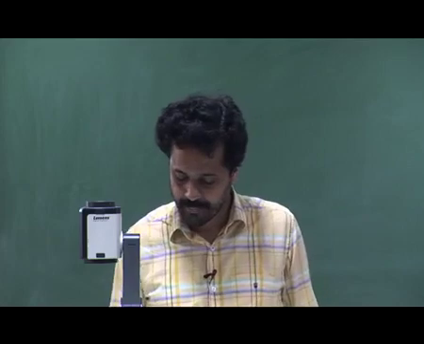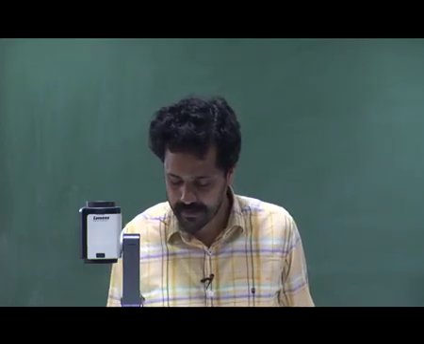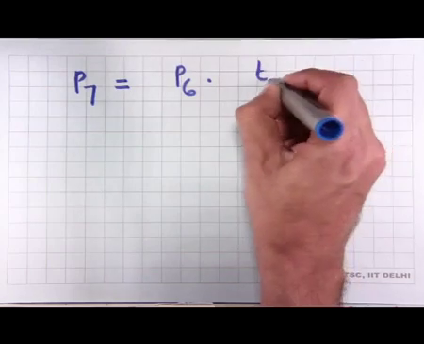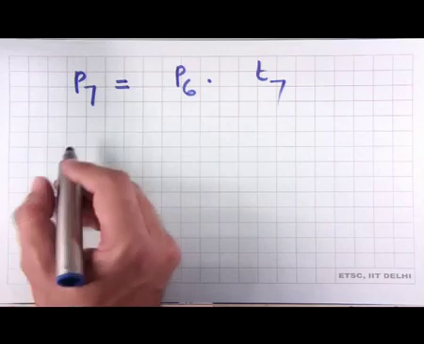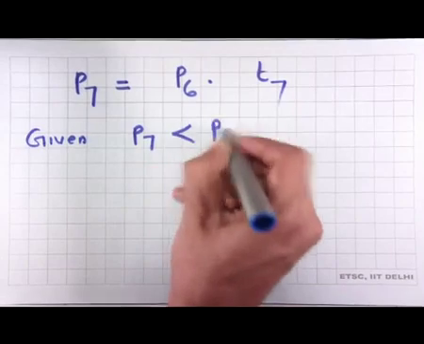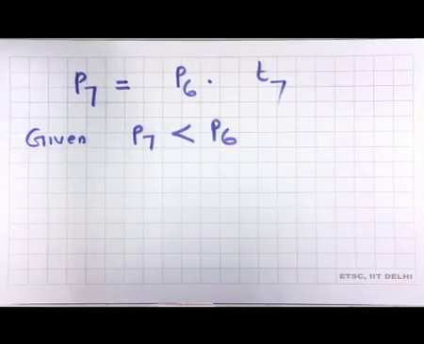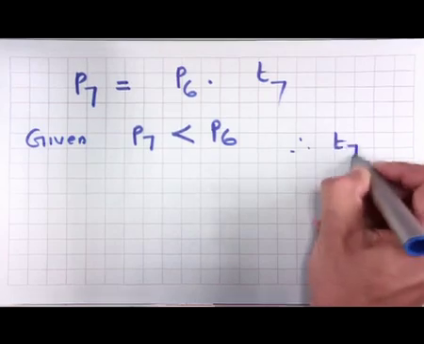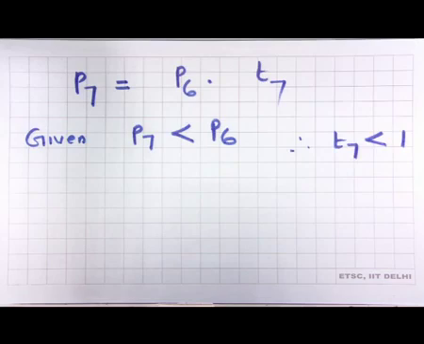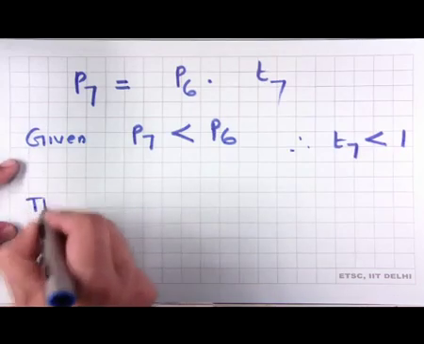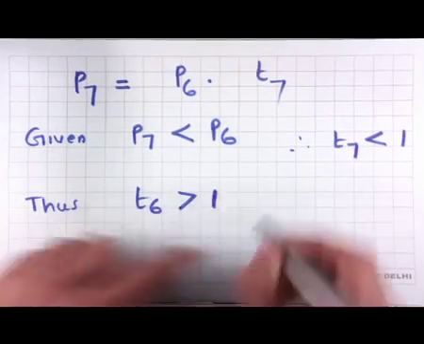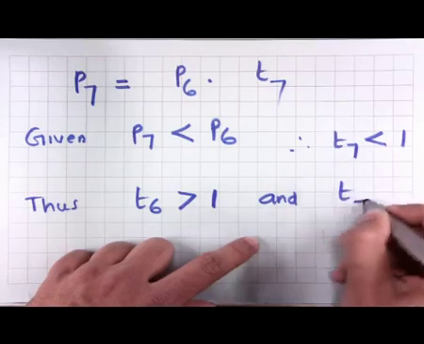Similarly, P7 is P6, the product of the first 6 terms, into the 7th term. It is given that P7 is less than P6. Therefore, T7 is less than 1. Thus, we observe that the sixth term of the given GP is greater than 1 and the seventh term is less than 1.